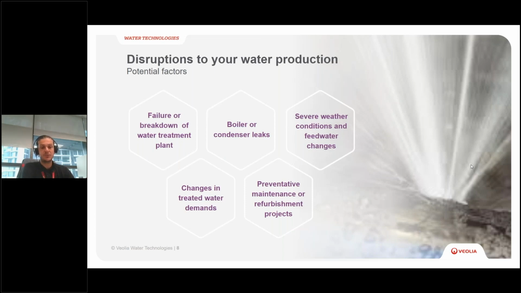So you might have these external demands due to changes in water quality. And potentially in a few months, you would like to keep your production going while doing a refurbishment, while doing a preventive maintenance, or potentially, as mentioned before, an expansion of your production. Preventive maintenance and refurbishment projects are also something we plan with our customers.